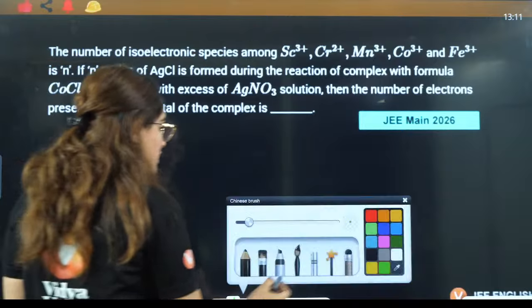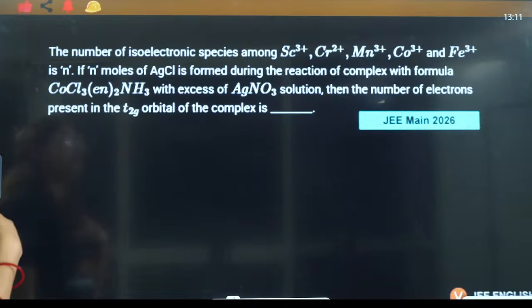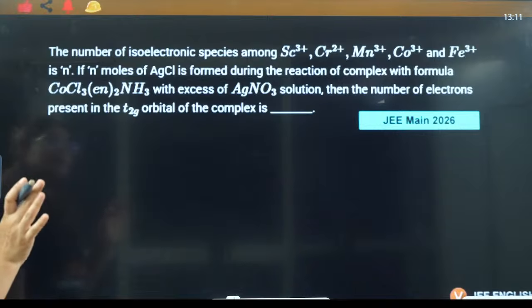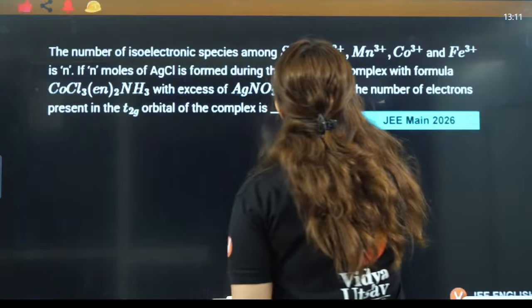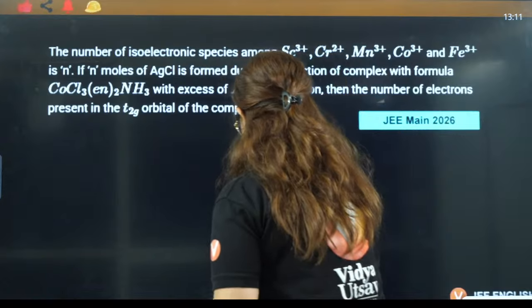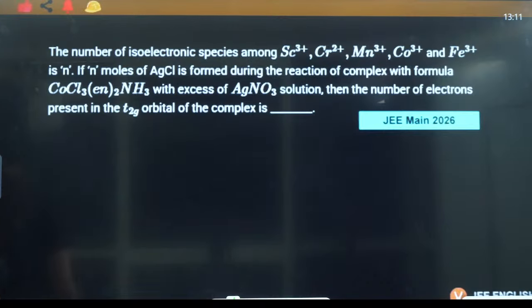Nice. First you have to tell the number of isoelectronic species. Iso means the same number of electrons are there. So let's talk about the number of isoelectronic species here.